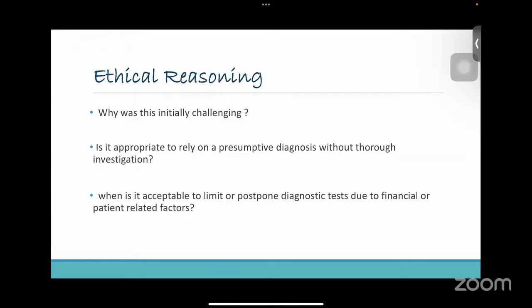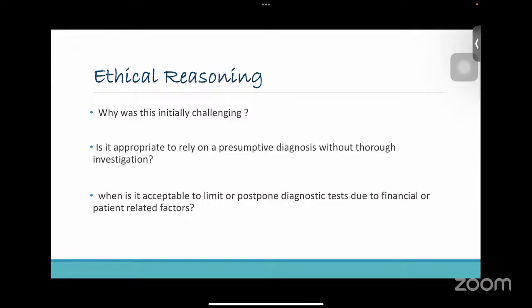And another thing is, when is it acceptable to limit or postpone diagnostic tests due to financial or patient-related factors? It's difficult and depends on a case-by-case basis. Yes, exactly. It's very difficult and unavoidable, but we must always be transparent with the patient to avoid any ethical complications.